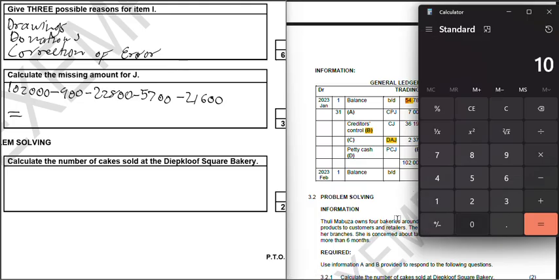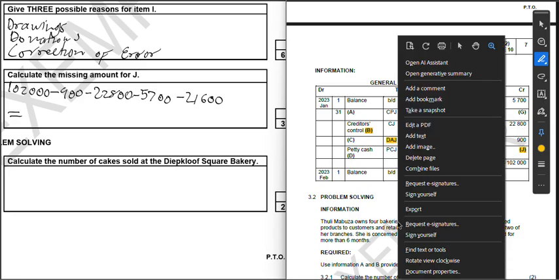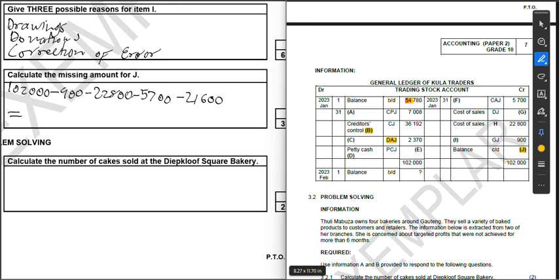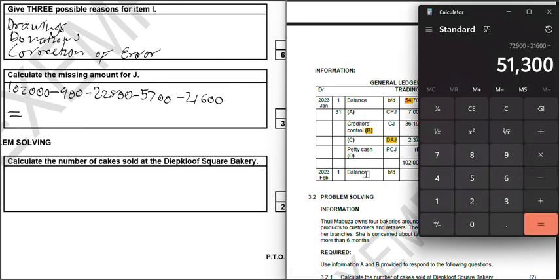So we say 102,000 minus 900 minus 22,500 minus 5,700 minus 21,600, and then we will have the balancing figure, ladies and gentlemen, of 51,000. Calculator got excited there for a moment. Okay, there we go.